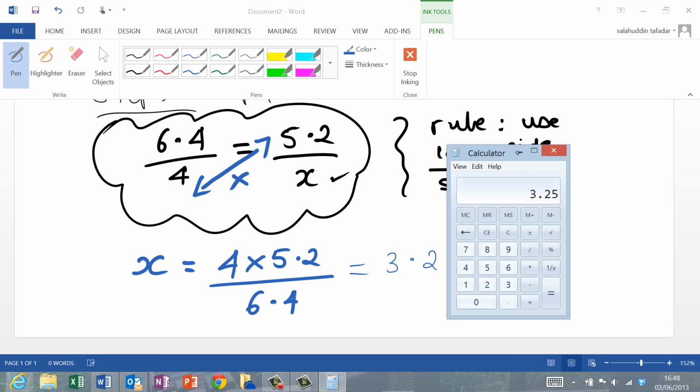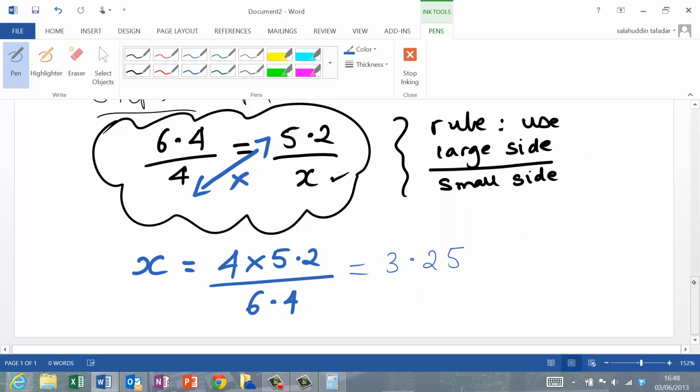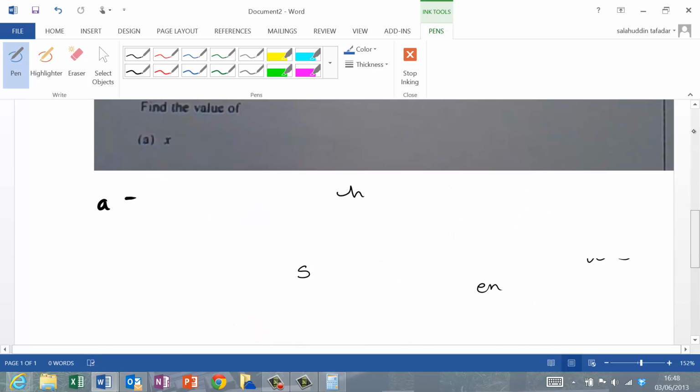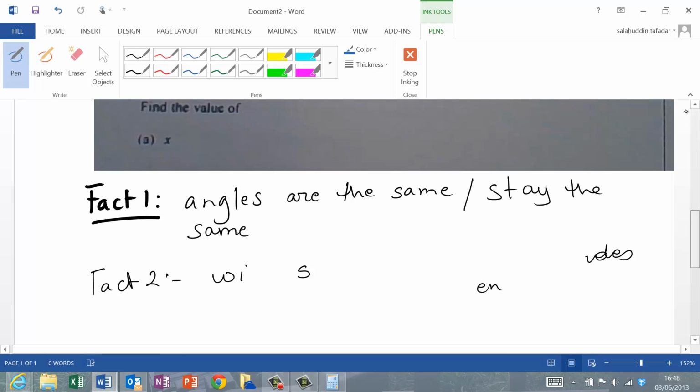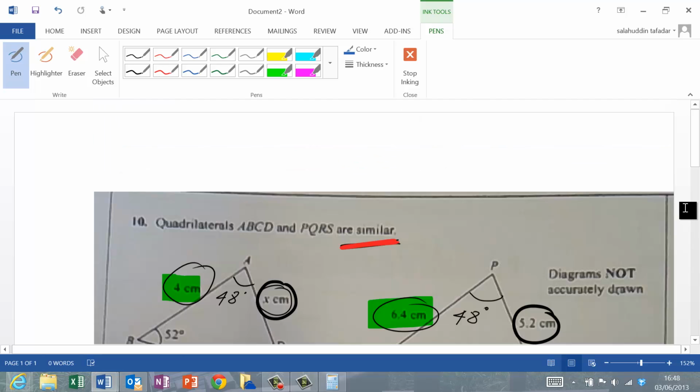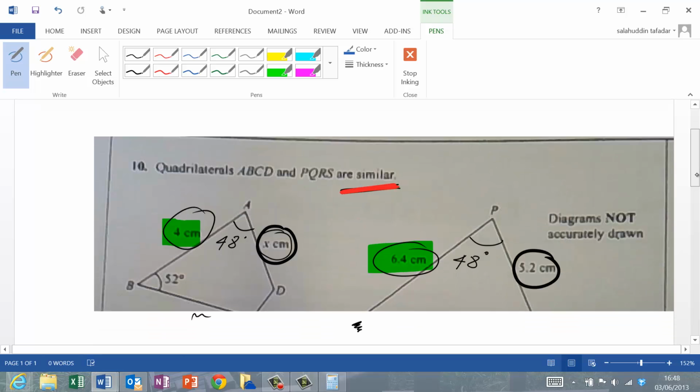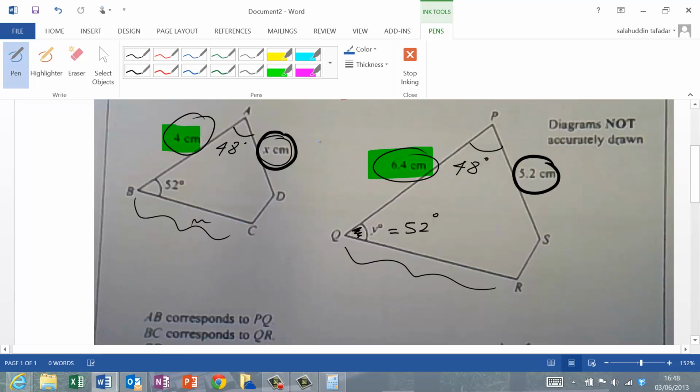Am I correct? Yes. So this means that x, if I go back to my diagram, this side here, x is equal to 3.25. And that's it.